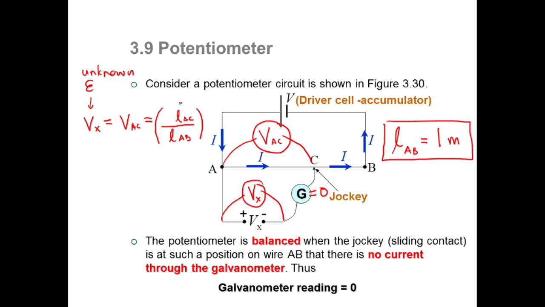We just ratio length AC toward the total length, which is AB, and multiply by the voltage from the accumulator, V driver. Driver or accumulator, the formula is the same as the potential divider.